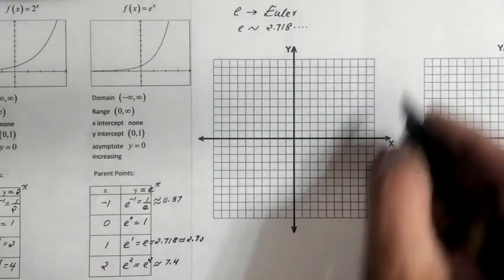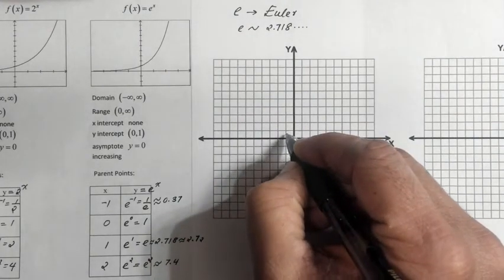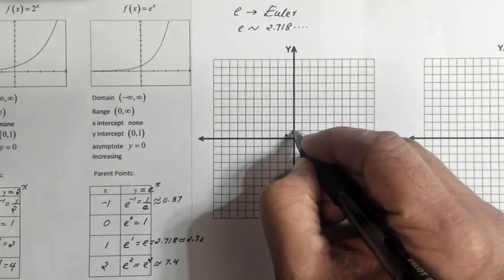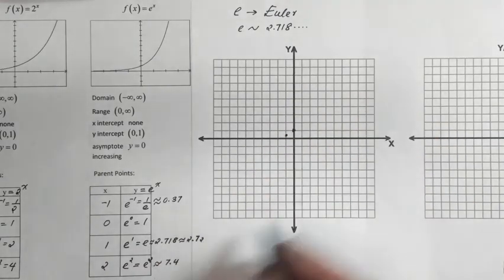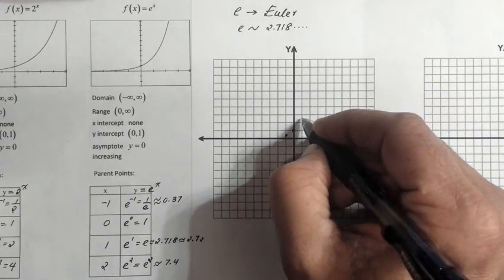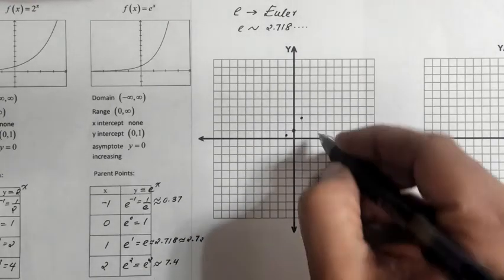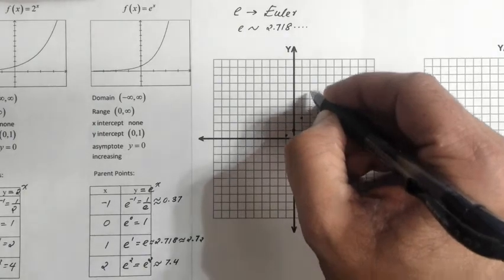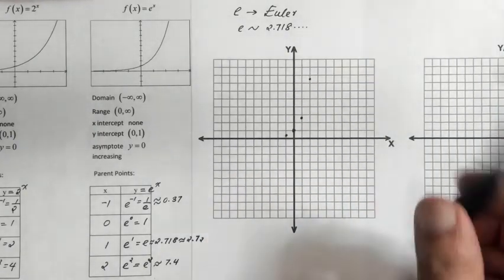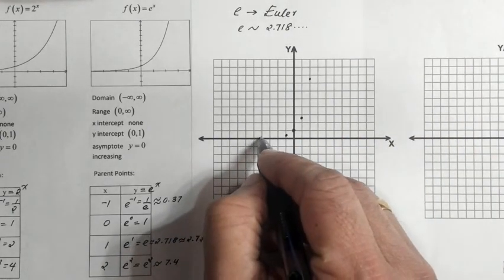Negative 1 and 0.37 is somewhere close to this one over here. 0, 1 is the same y-intercept as before. 1 and 2.7 is somewhere close to here, it doesn't matter. And 2 is 7.4: 1, 2, 3, 4, 5, 6, 7, so 7.4 should be close to this point. So those are the points, and that is graphed.